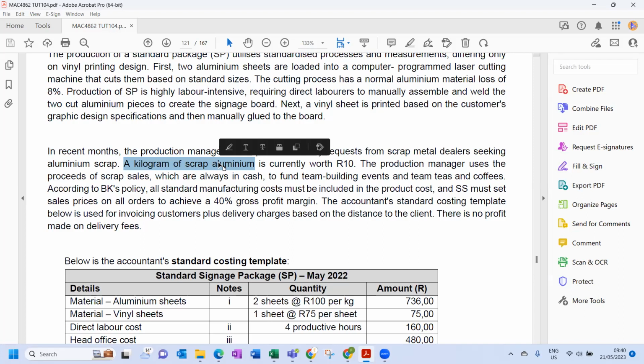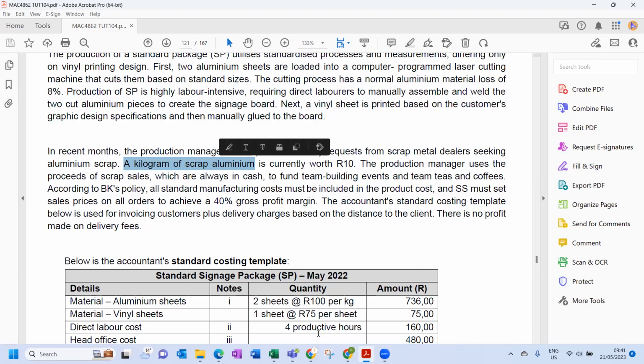Okay, so remember, we put in 100%, 8% becomes wasted, right? So that 8% material that is lost is actually scrap metal, and that scrap metal we sell for 10 Rand a kilogram. So we actually need to bring that in.